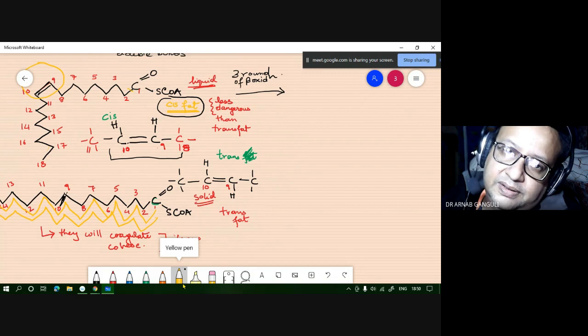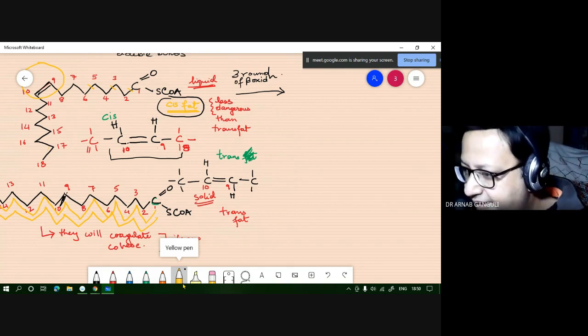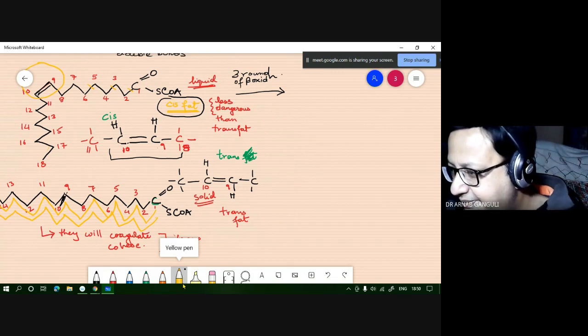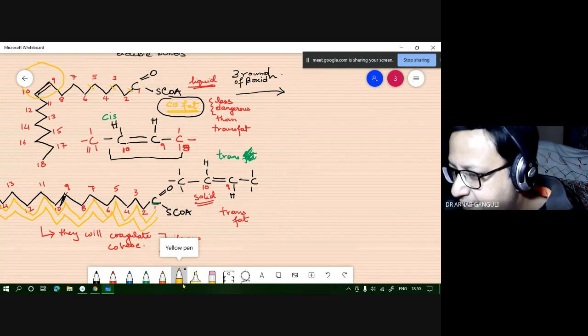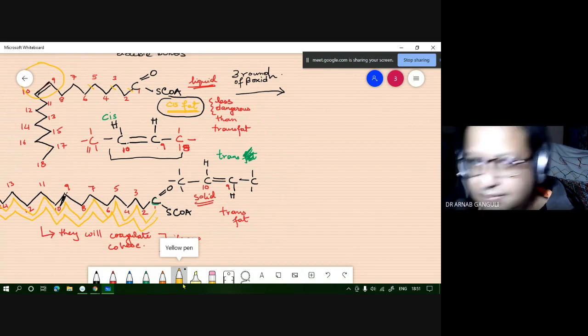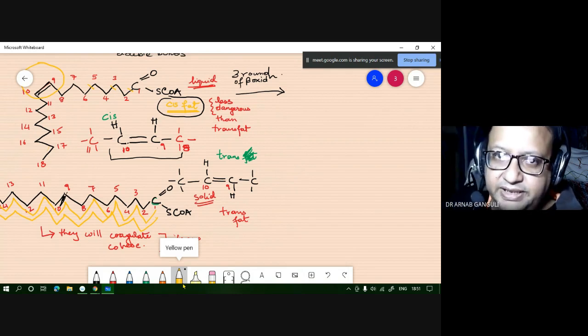This is gone. 1, 2, 3. Three rounds are gone, and the structure becomes smaller. Beta oxidation takes place.